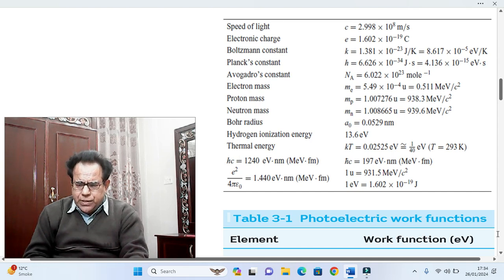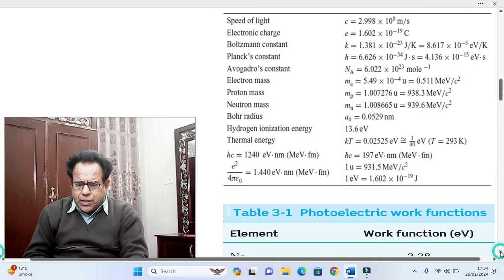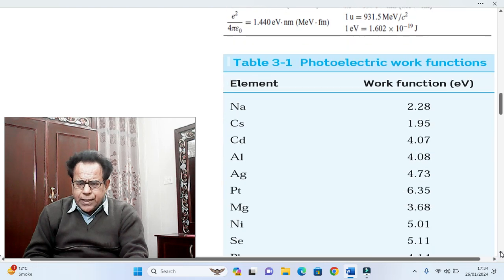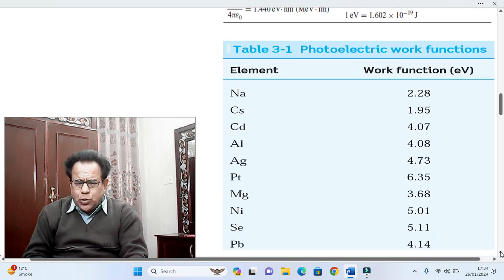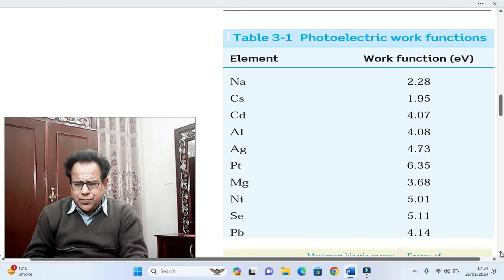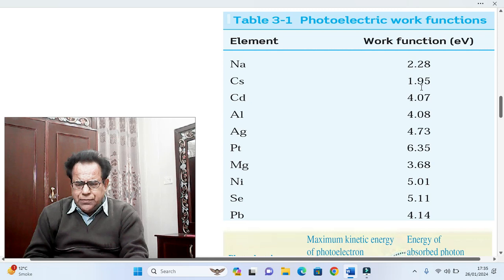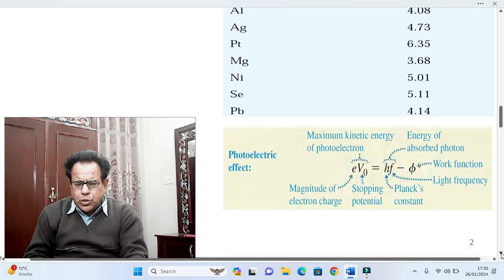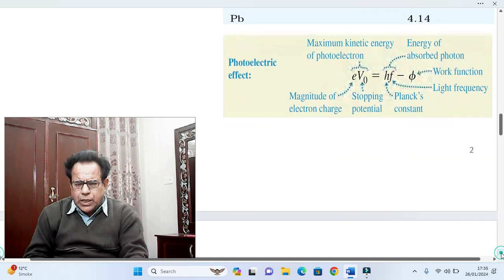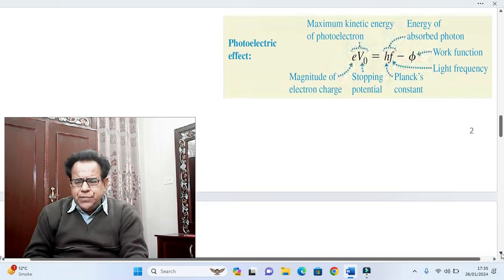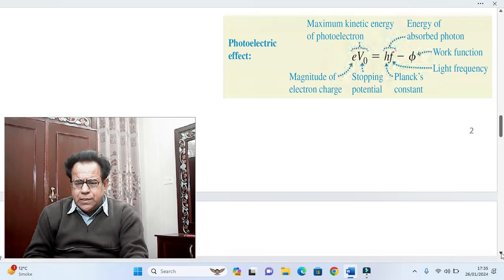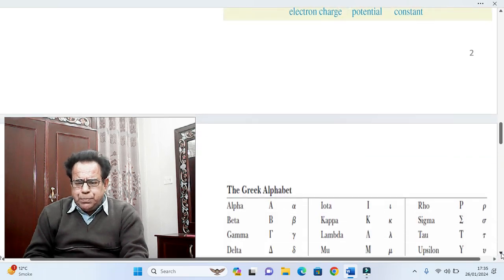Second, work function of different elements, in which cesium is 1.95. Third snapshot, about the photoelectric effect: E V not equal to h f minus phi, the work function.